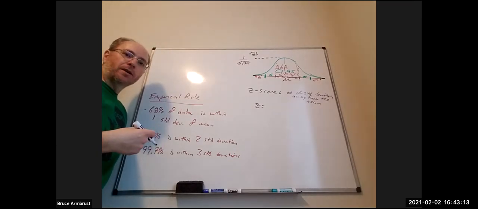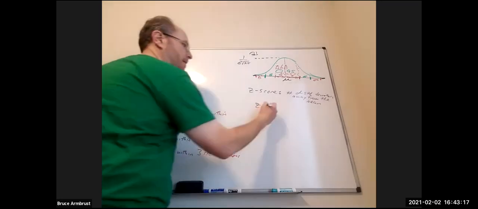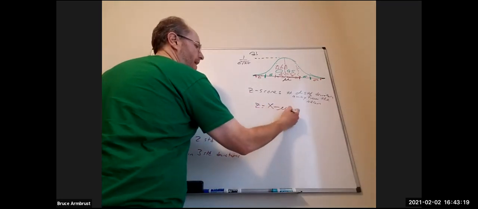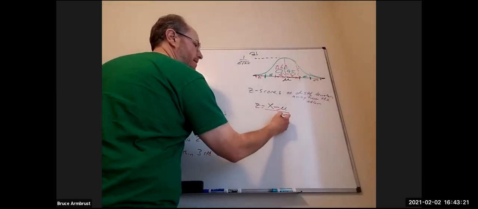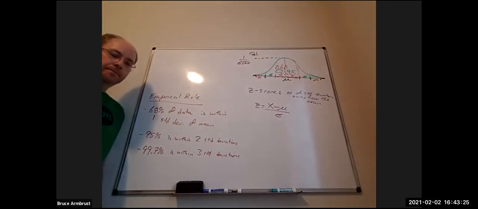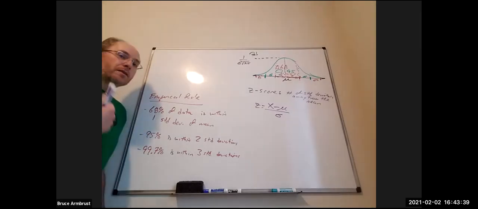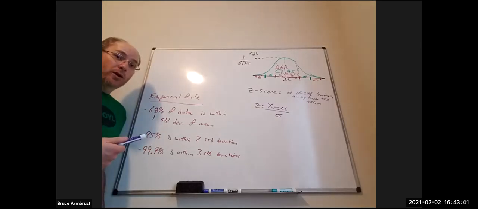You take your data, your variable number, you subtract the mean, and then divide by the standard deviation. So we get x minus mu all divided by sigma. Okay, so remember how to find the z-score.